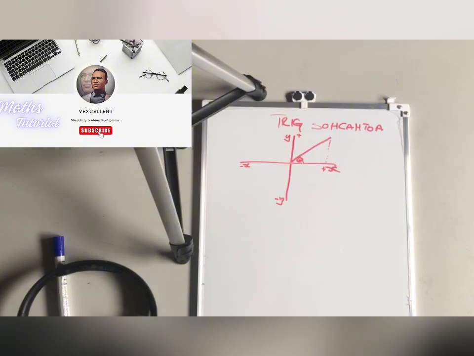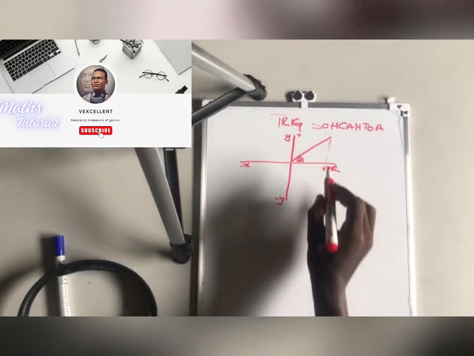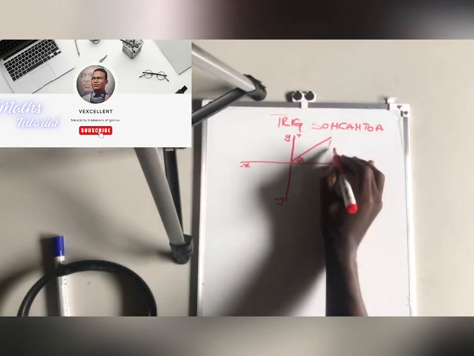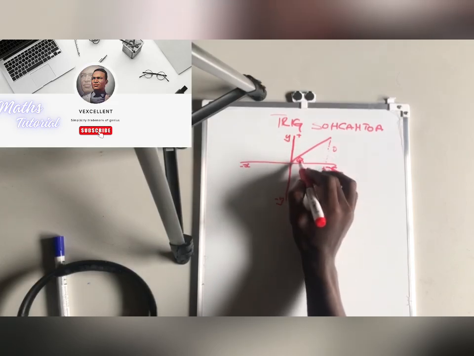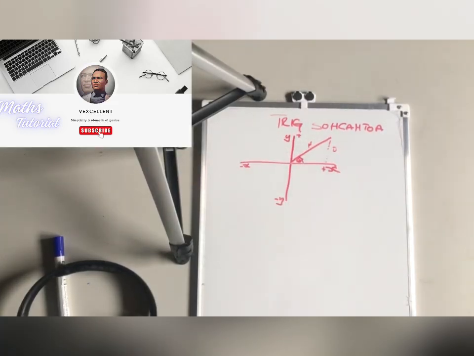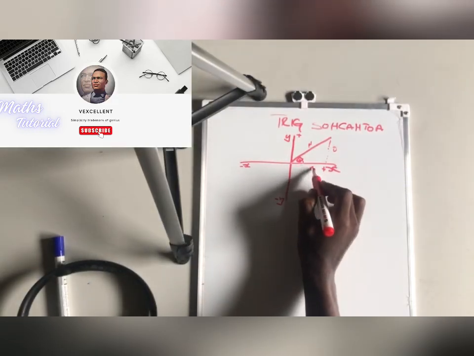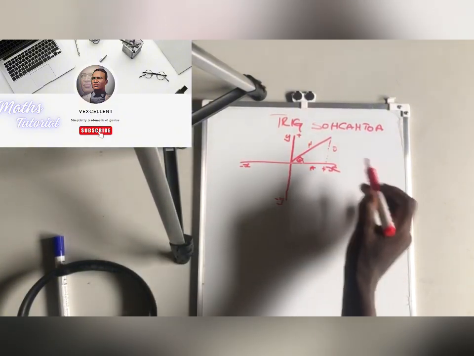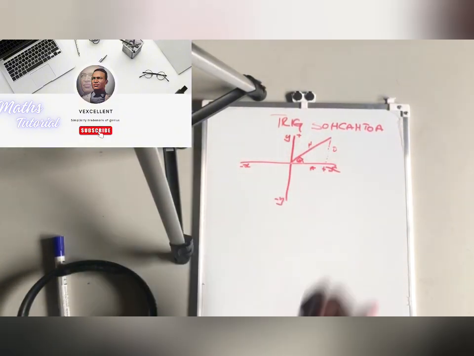Bear this in mind. Sine is the opposite of this theta over the hypotenuse. Cos is adjacent over hypotenuse. Tan is opposite over adjacent.